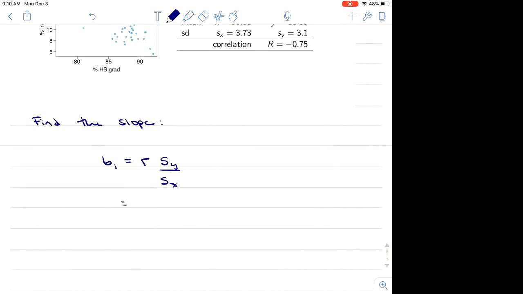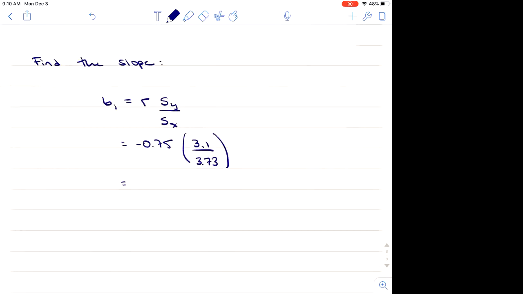So our correlation is negative 0.75, times the standard deviation of the y's, 3.1, over the standard deviation of the x's, which is 3.73. Hopefully you don't mind, I've got these pre-calculated because I managed to forget my calculator. Negative 0.623324397.